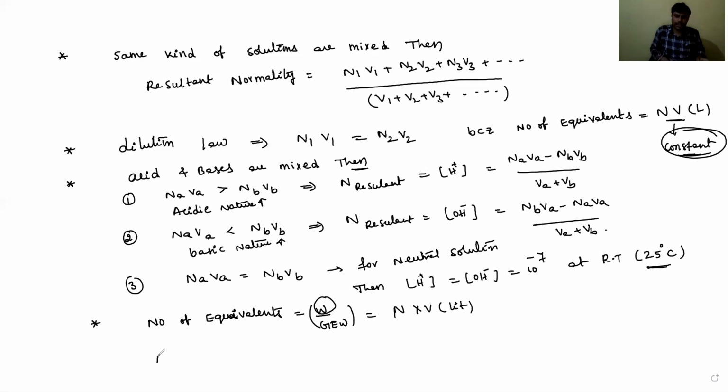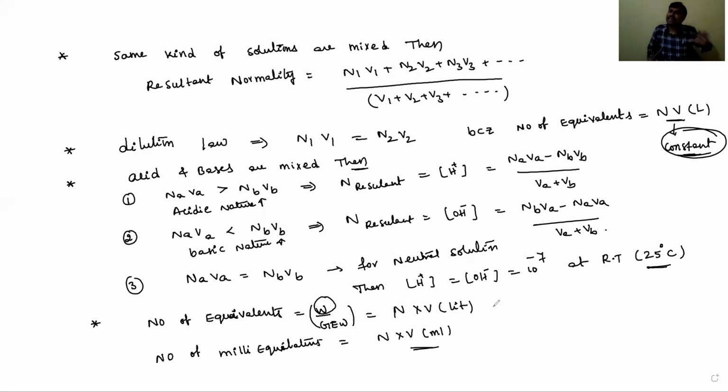So if normality and volume are given, we can find the weight. Similarly, the number of milliequivalents is equal to normality into volume in ml.